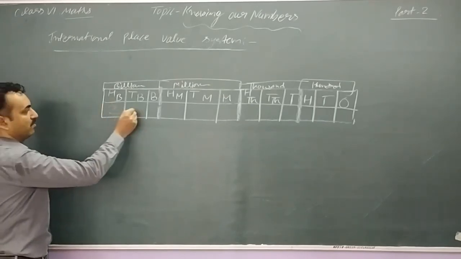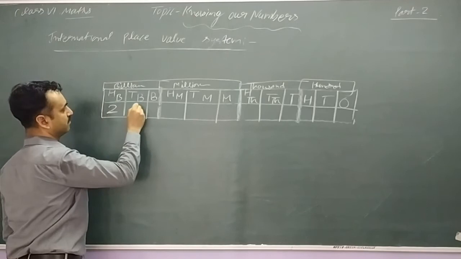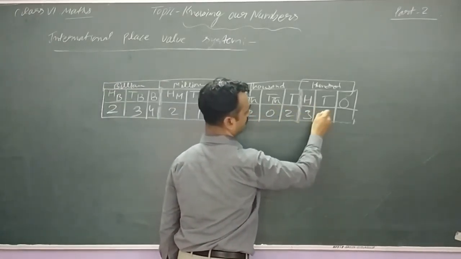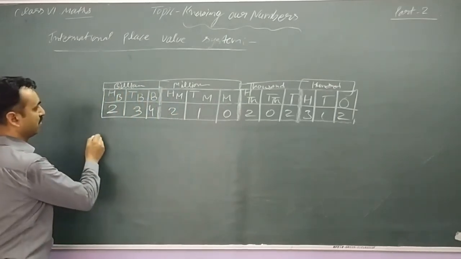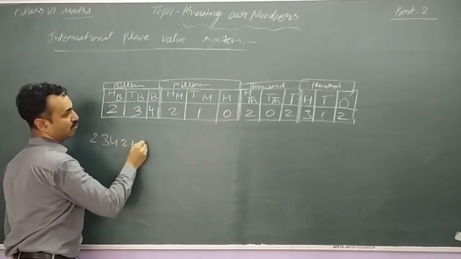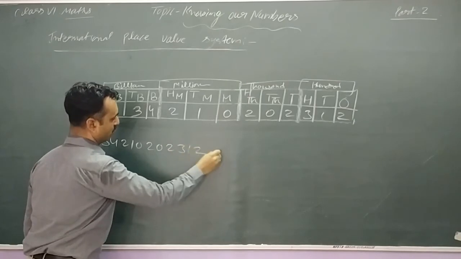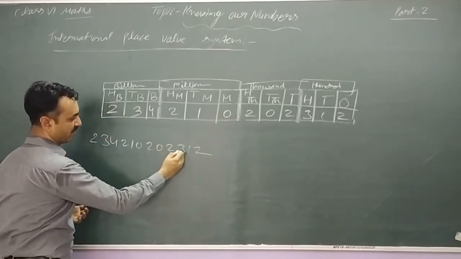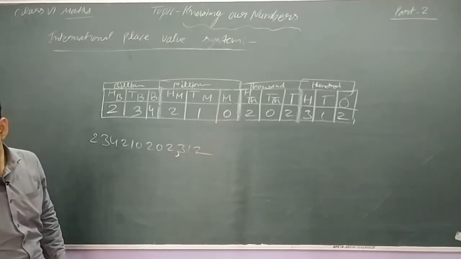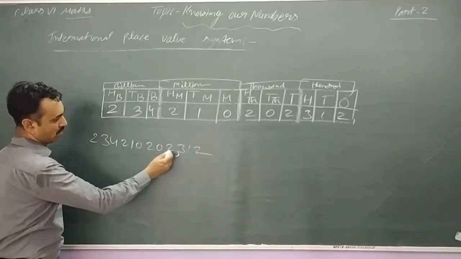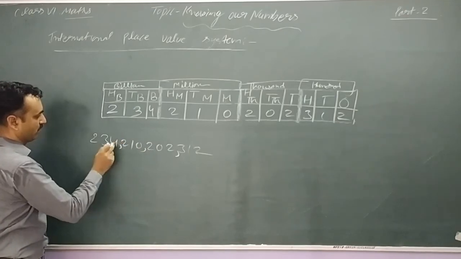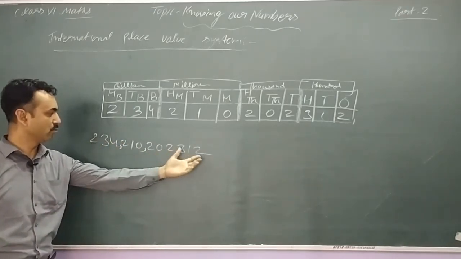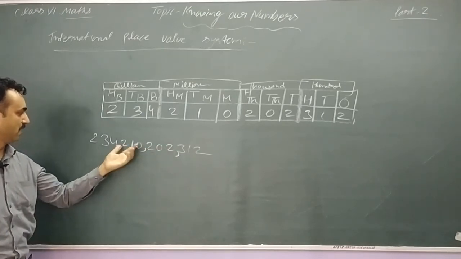So let's take one example. I am writing here the number 2, 3, 4, 2, 1, 0, 2, 0, 2, 3, 1, 2. First of all, we will write a comma after each 3. After each 3 you will make a comma. Now you will see the 100 group, 1,000, million and billion.